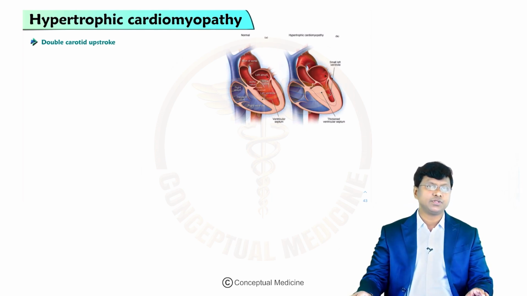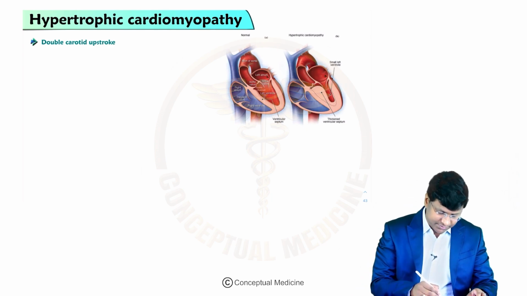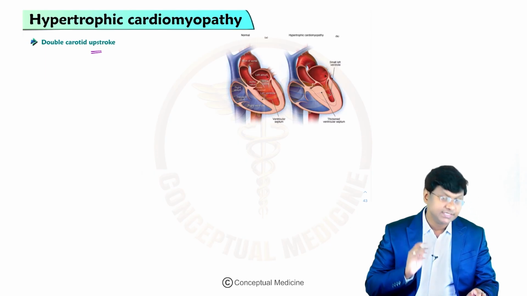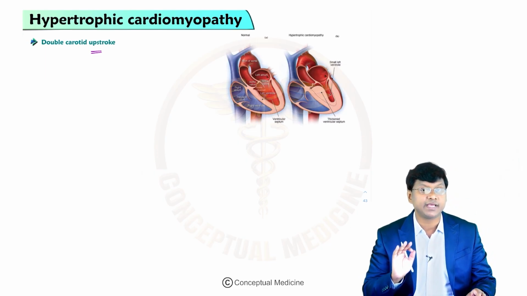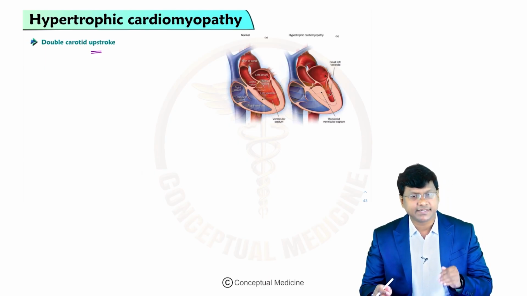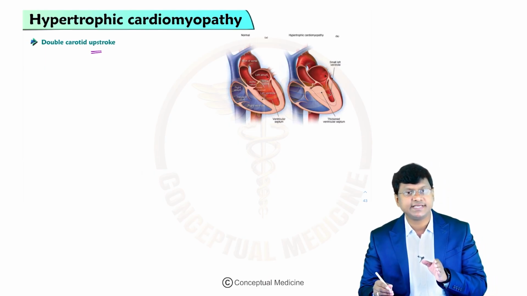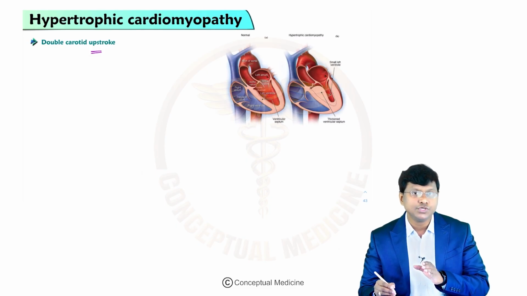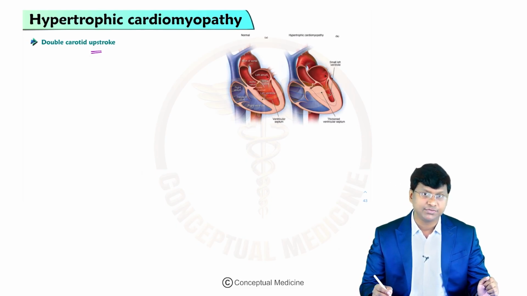Now coming to the examination, what you can feel is a double carotid upstroke. It has been discussed that during early systole, there is increased velocity of blood flow through the left ventricular outflow tract into the aorta.